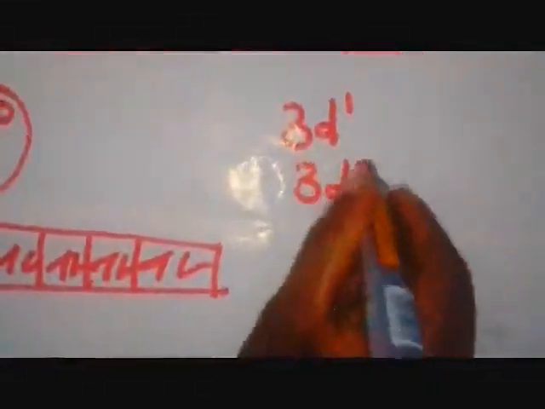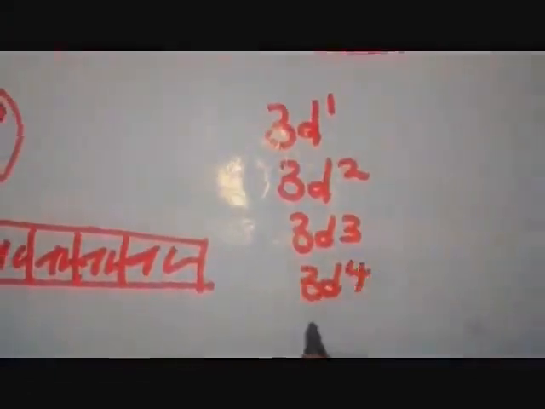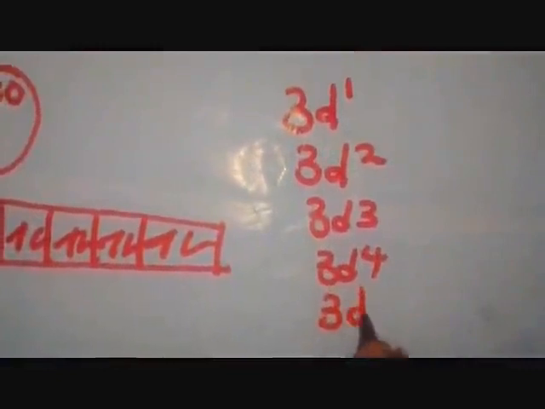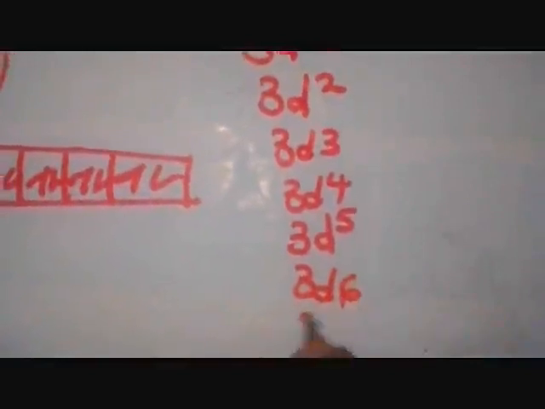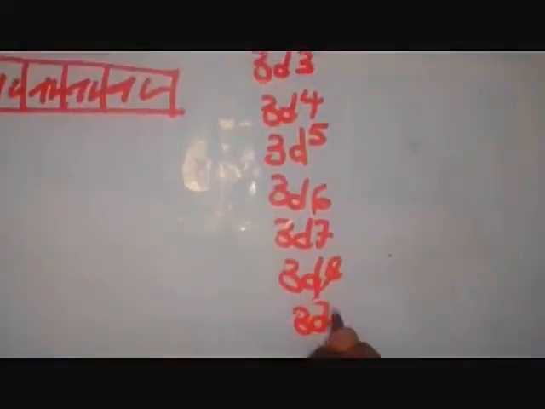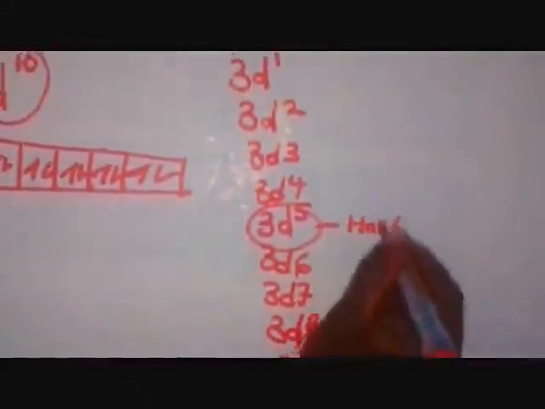Now, when we talk about partially filled, it means you may have 3D1, which is partially filled, 3D2, 3D3, 3D4, 3D5, 3D6, 3D7, 3D8, 3D9, 3D10. Now I'm going to eliminate this and this. This one is half filled, and this one is fully filled.